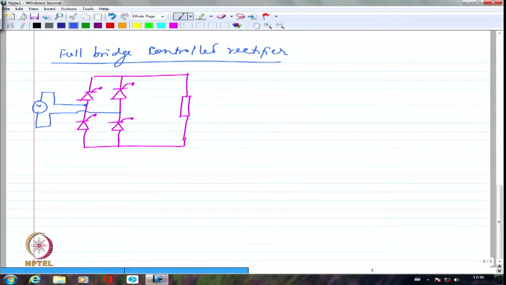Let me again name these: this is T1, this is T4, this is T2, this is T3. Let me name this point as A, and this point is B, and this is the load. Maybe I can say R and S. These are the points.